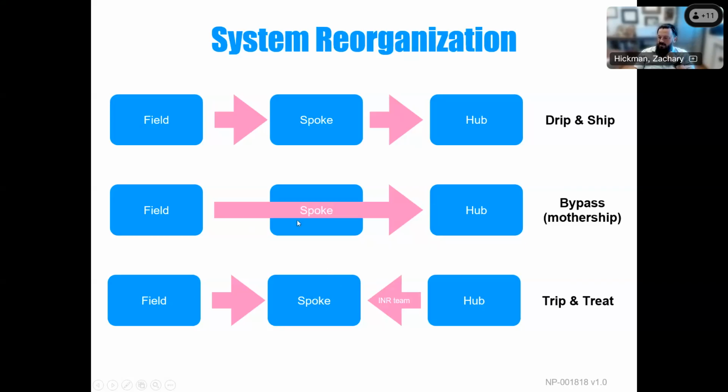What that does is decrease the time, theoretically, if it was an even amount, like in half, because now the patient only has to go from here, and the team is meeting them here, and so it really reduces the amount of time it takes for the patient to get to somewhere where they can do a thrombectomy.